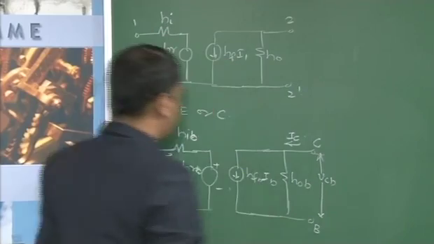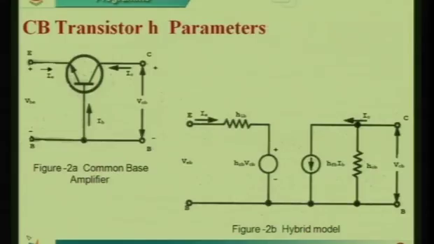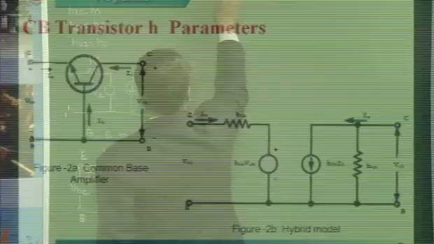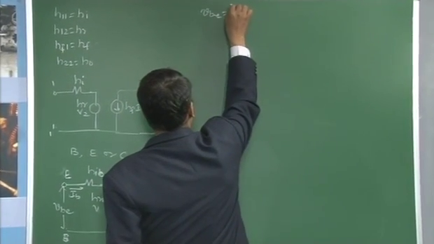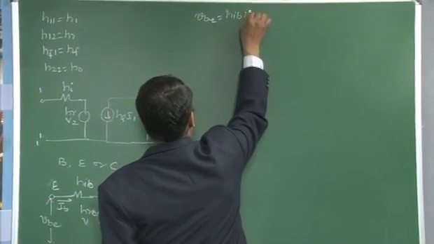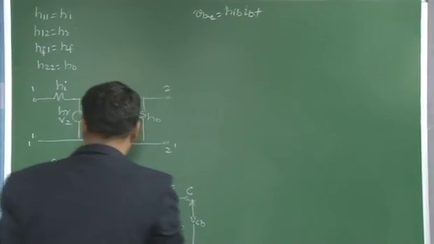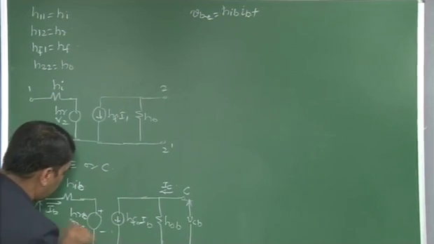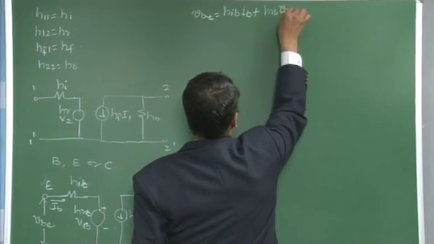VCB. Based on this equivalent circuit diagram we can define the input equation: VBE is given by hib multiplied with IB plus hrb multiplied with VCB.